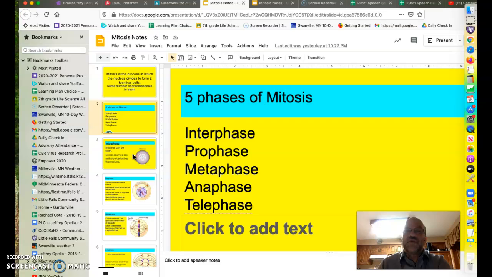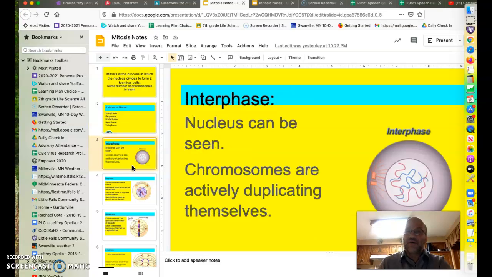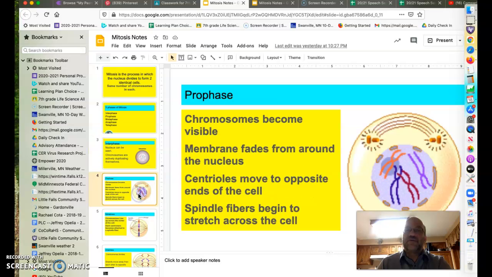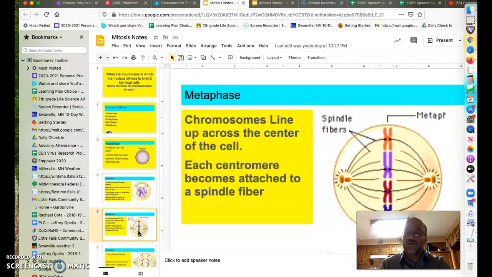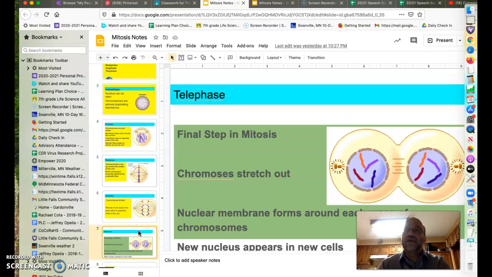They go through this in a matter of hours. Interphase is the first, and then prophase, and so on in sequence. Things are happening inside the nucleus of the cell. These are the chromosomes full of DNA that carry the traits we have in our body.